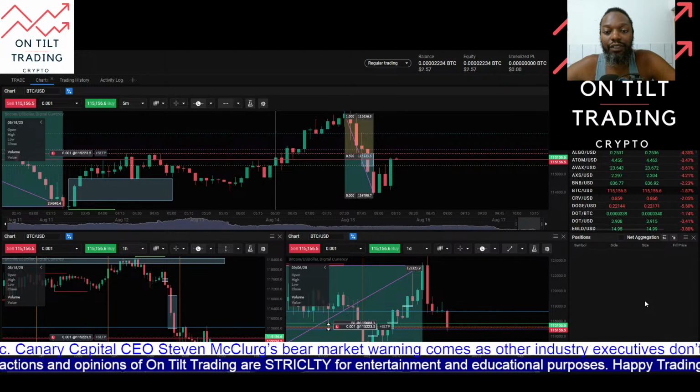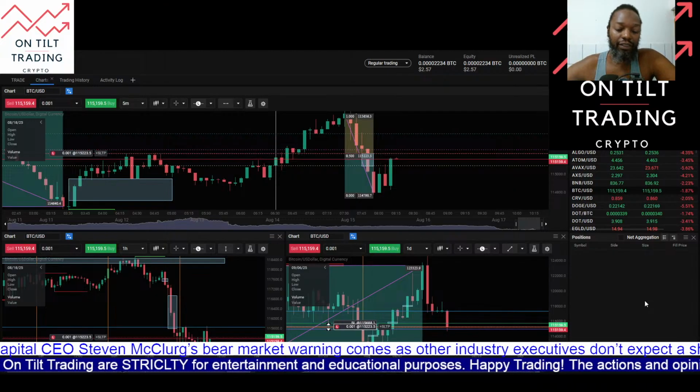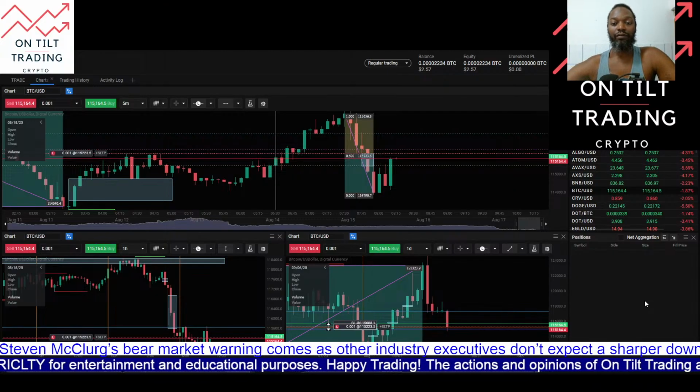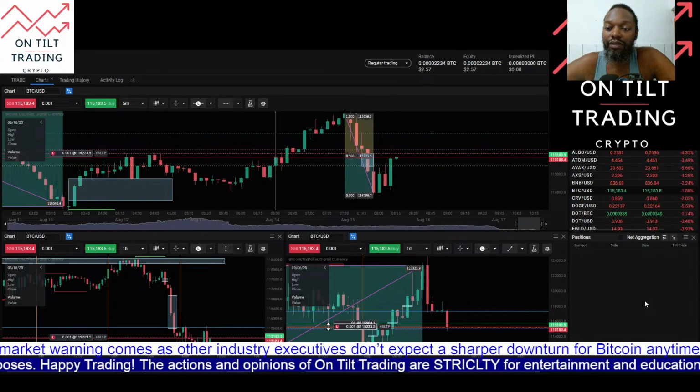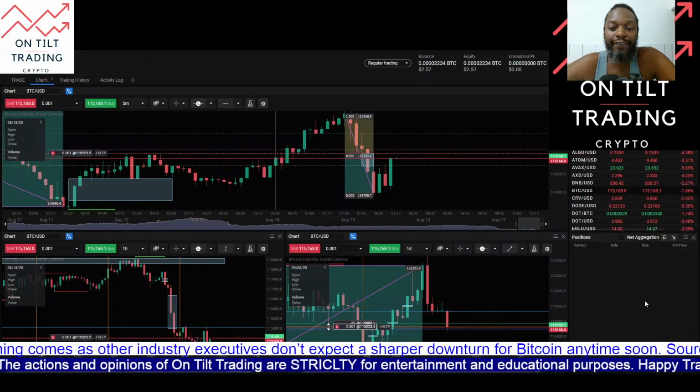Getting some consolidation here, strong buy side delivery with speed in this previous 5-minute candle, getting some continuation here, 115.180, consolidating.